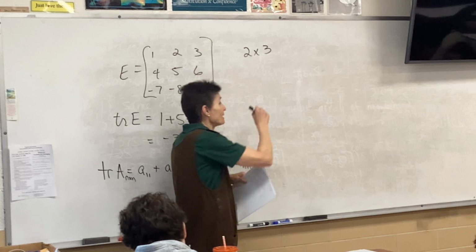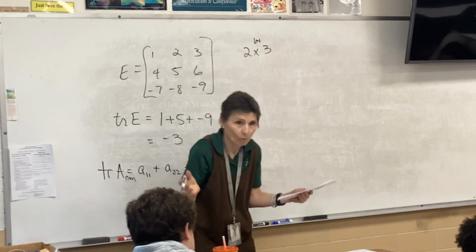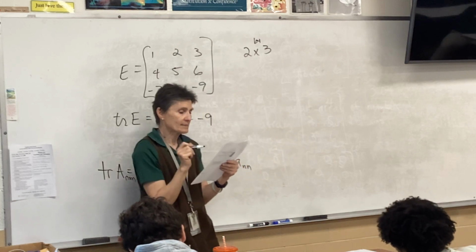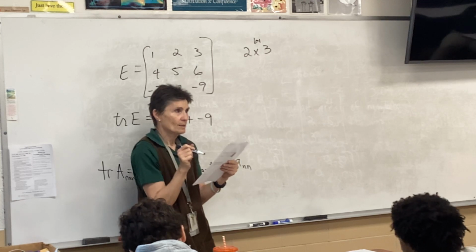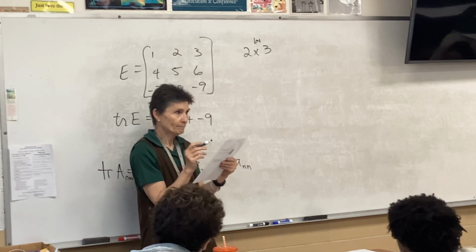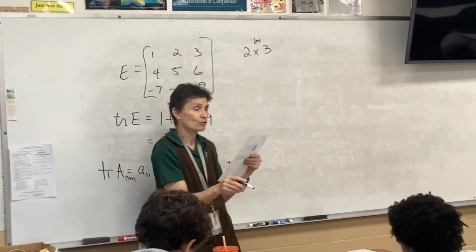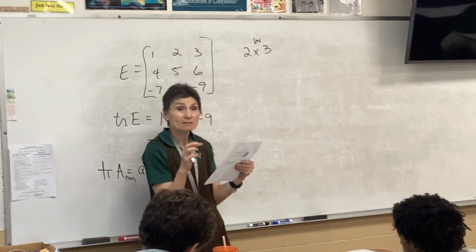Don't say times, that's by, right? 2 by 3, just like a 2 by 4. Okay. All right, little c sub 3, 2. So look at matrix C, and we're looking for the entry that is in the 3rd row, 2nd column, and that is 3.